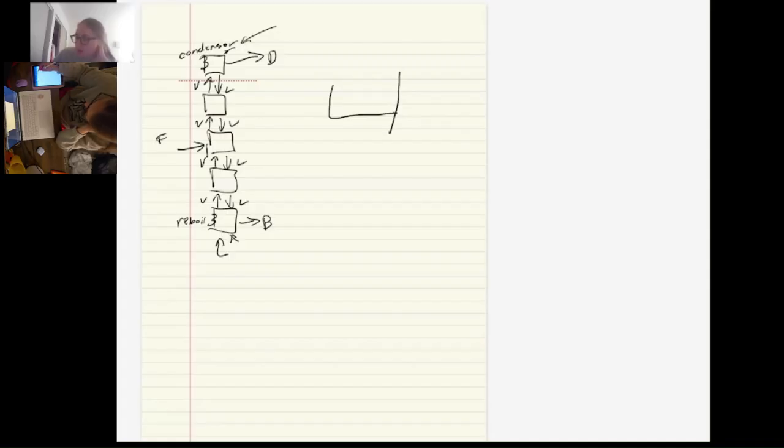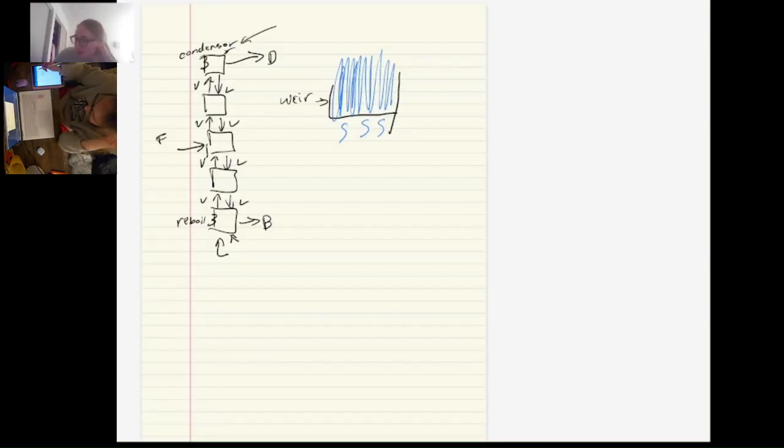So this is kind of our tray, and you have some liquid, right? And you have some vapors coming through it. But the molar holdup is the height, and this right here is your weir, W-I-E-R. That is your weir on the tray.